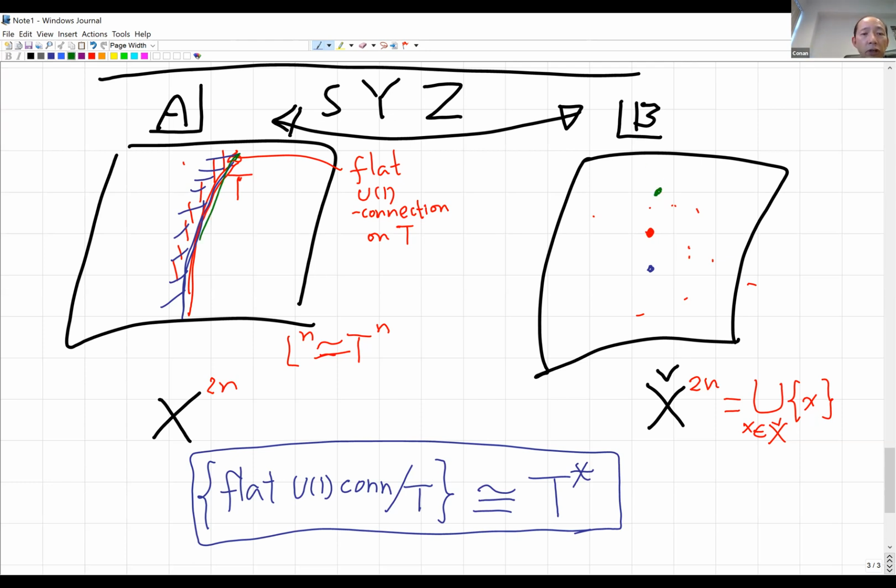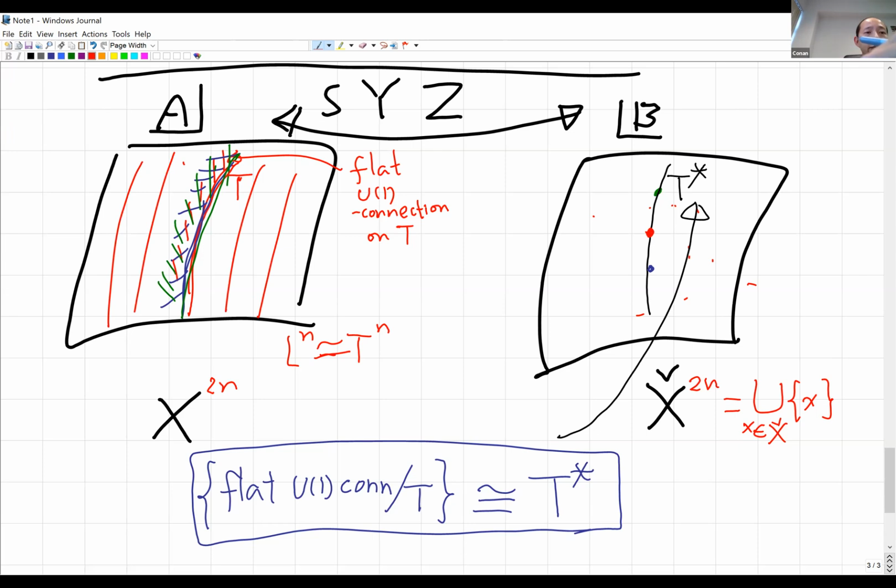They correspond to the same torus but different gauge fields. So you look at all the gauge fields, and what is that collection? Well, this is exactly the dual torus. You look at all the points here, which correspond on the other side to the same torus with different gauge fields, and this whole collection is the dual torus. In conclusion, one side has all these tori with gauge fields, and on the other side, you just get all the dual tori.